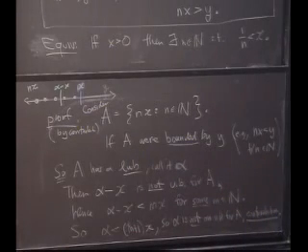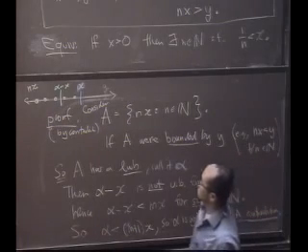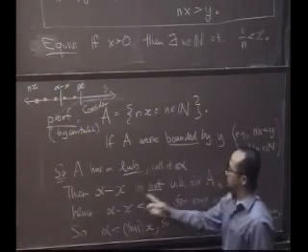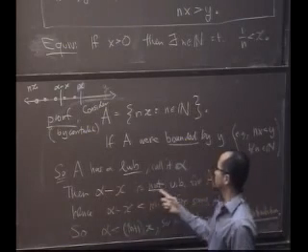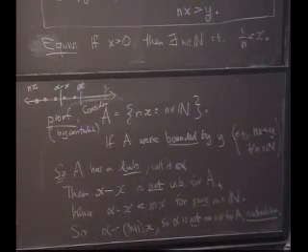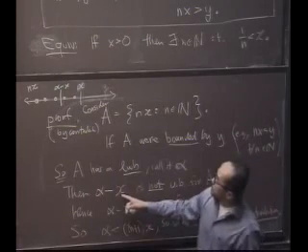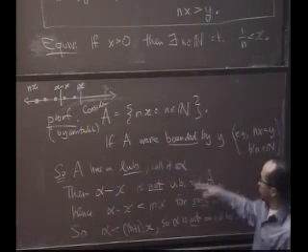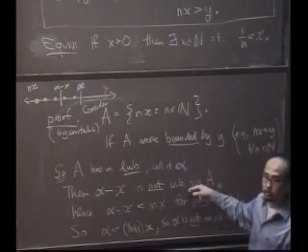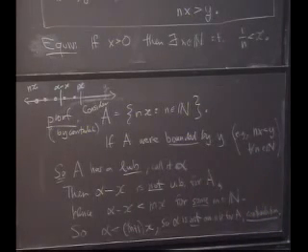If you were to show this property, you'd have to show it a different way. We used the least upper bound property to show that alpha minus x is not an upper bound, and in this case, whatever x is, you'd have to make this jump a different way. Excellent question.